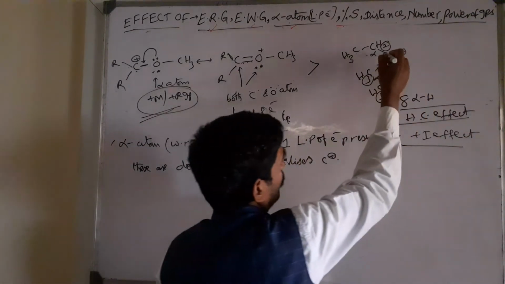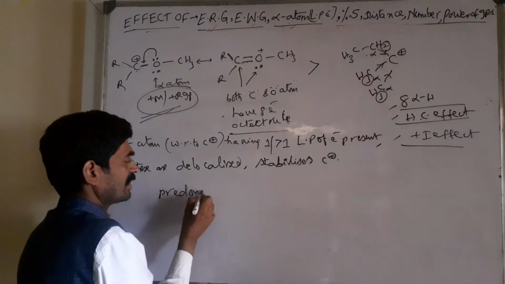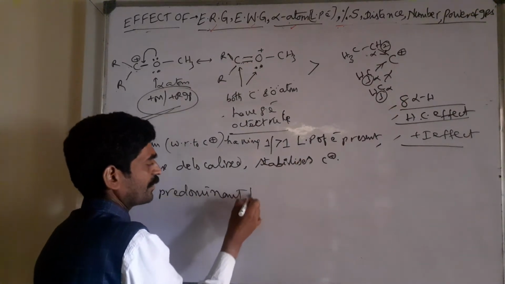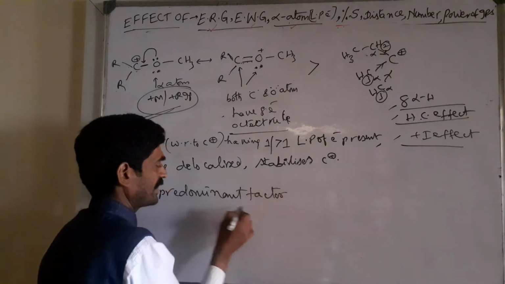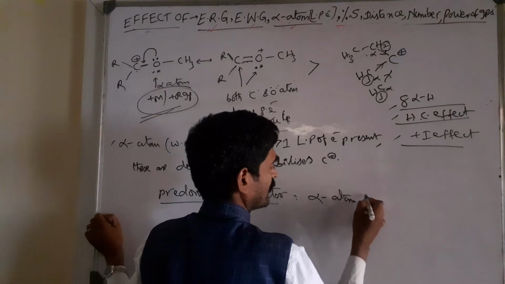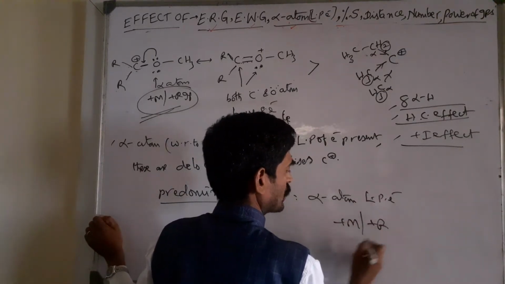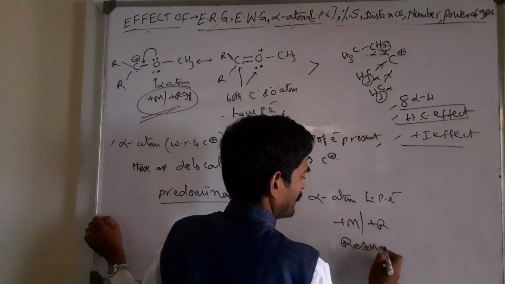But the predominant factor, my dear students, is the alpha atom having lone pairs of electrons. There is a plus M group or plus R group. It is a resonance factor.